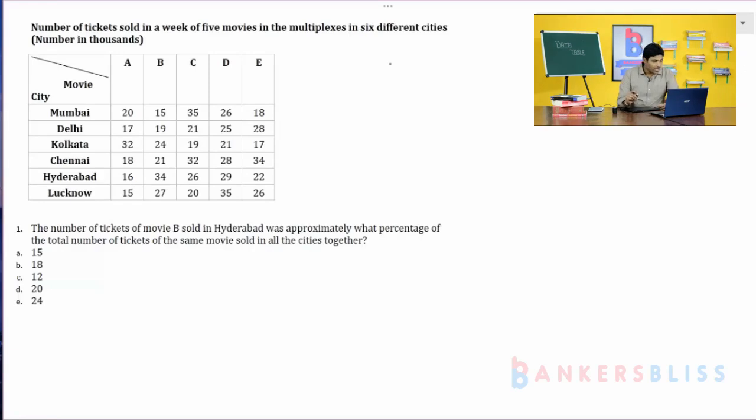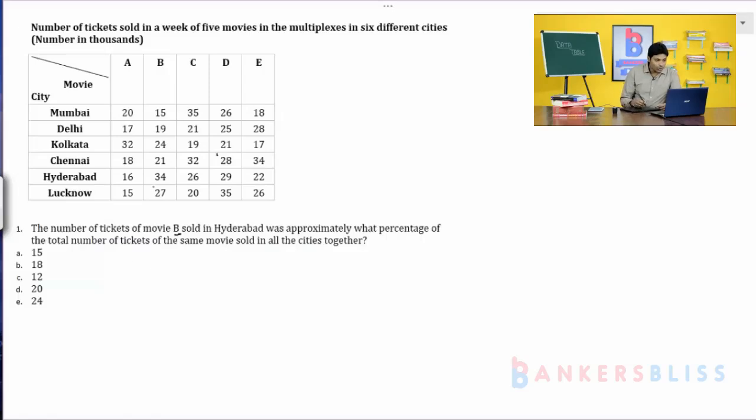Movie B. So the number of tickets of movie B sold in Hyderabad was approximately what percent of the total number of tickets of the same movie, movie B, sold in all the cities together. So Mumbai, movie B, let us add.